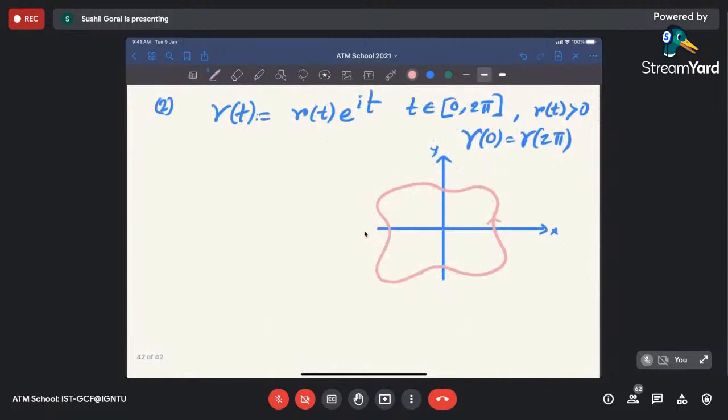General curve. We don't know how R is moving. It's just continuous. This was smooth as well.